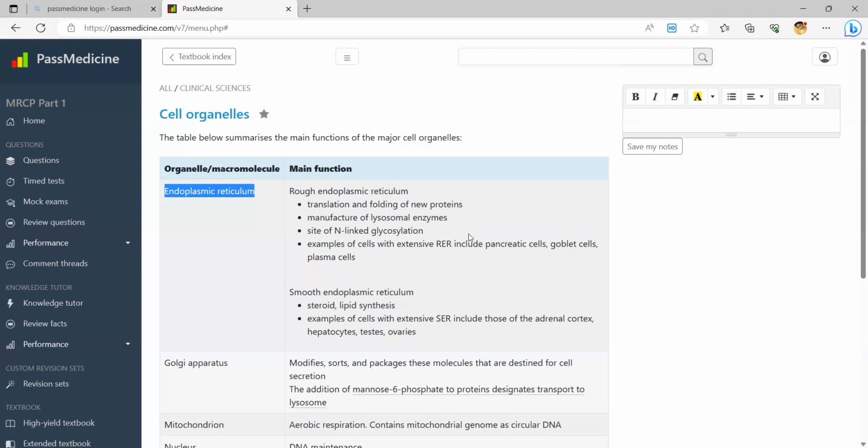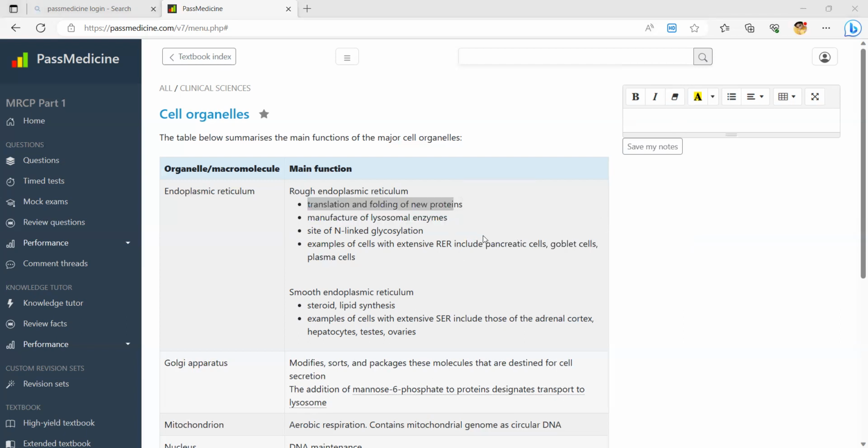Just keep in mind: pancreatic cells, goblet cells, and plasma cells. They secrete hormones, enzymes, or other substances in our body, so they need more rough endoplasmic reticulum, because it is related to the processing of proteins, like translocation and folding of protein and enzymes.